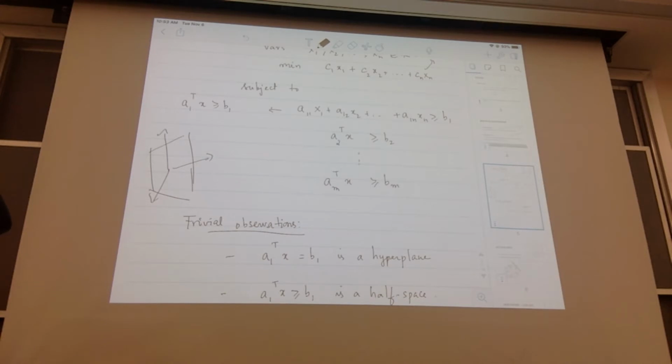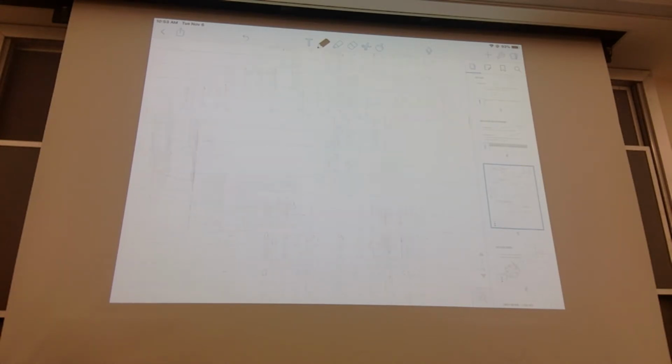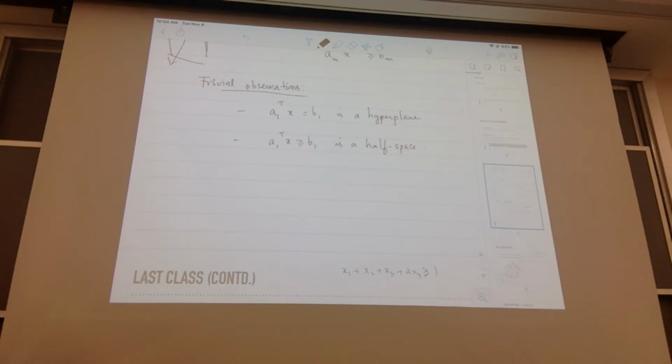Now, if an x is feasible overall, it means that it lies in each of these half spaces. Okay? So the set of feasible constraints is what is called an intersection of half spaces. So in 2D we drew some examples of this. Like one half space was turning out to be all points on one side of a line.